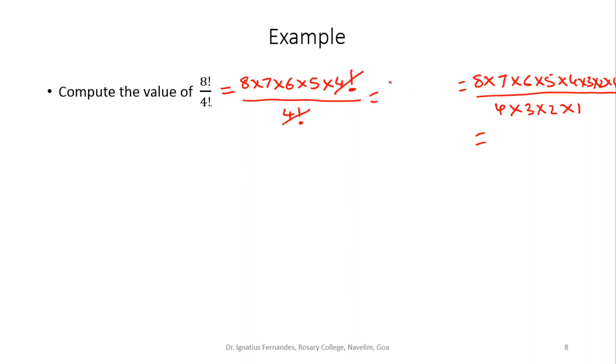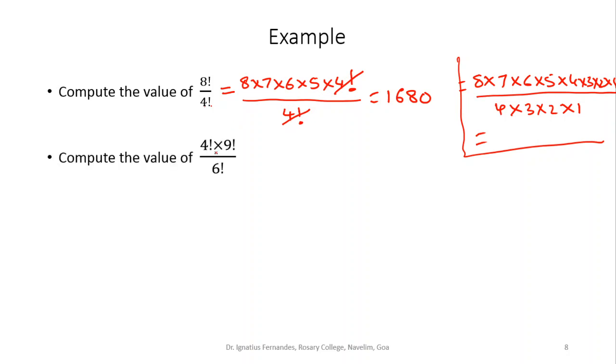I will remain with only 8 into 7 into 6 into 5, that will come to 1680. So I don't have to write down every factorial explicitly till 3 to 1, because I can use the reduction formula. I can simplify the bigger number till the smaller number so that I can get rid of the smaller one.